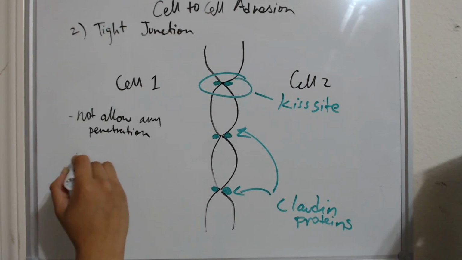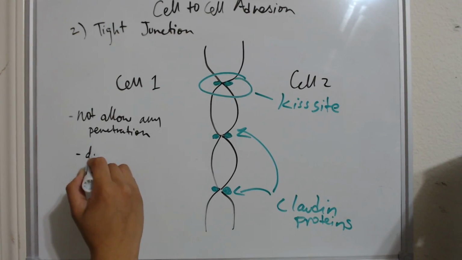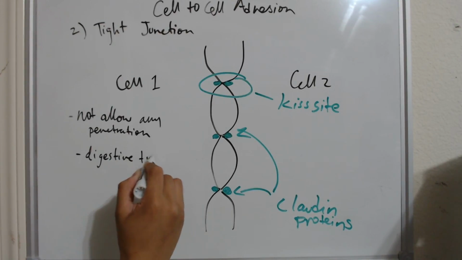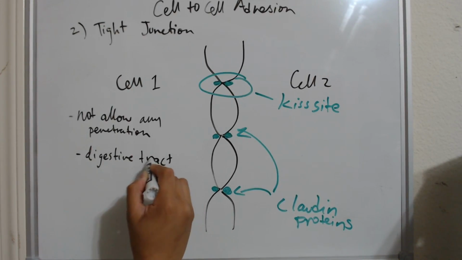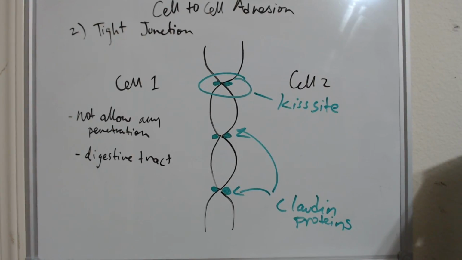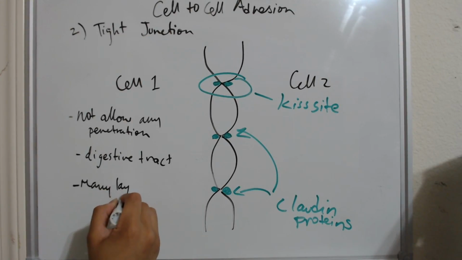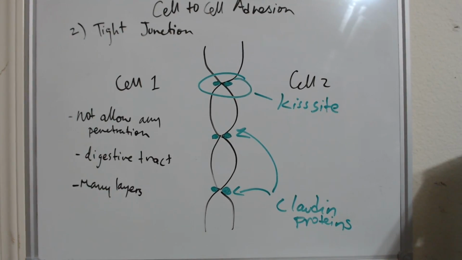So it's found in digestive tract, because you don't want any of that nasty stuff to get out of the digestive tract. So there could be many layers of this between two cells.